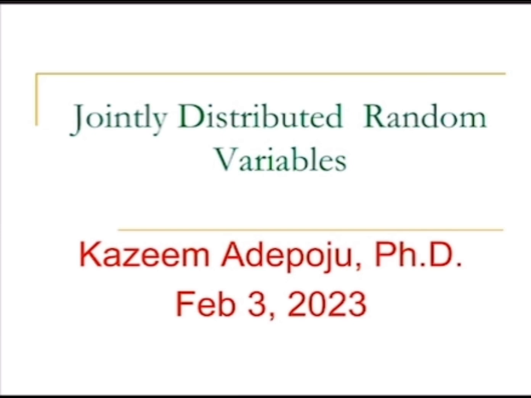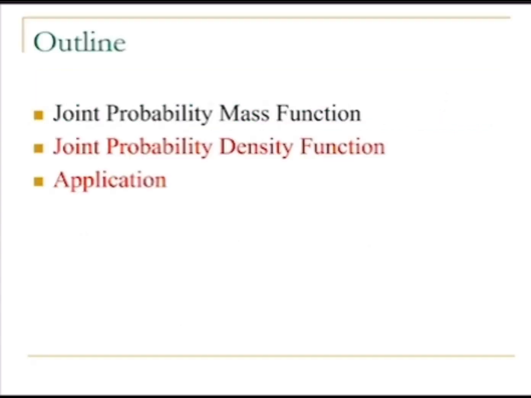Okay, so in the outline, the same way when we are dealing with a single random variable that is discrete, we use the probability mass function. But what if we have more than one variable that is discrete? Then we're going to have a joint probability mass function, and I'm going to walk you through that today.